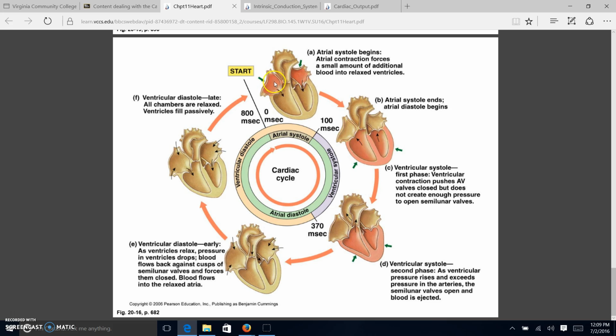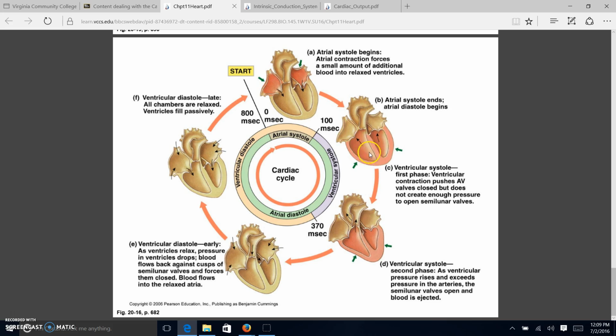Now, once I've squeezed that last 30% into my ventricles, what I need to do is start squeezing, or contracting, my ventricles. When I do that, one of the first things that happens is that squeezing of the blood shuts the valve, because the purpose of the valve is to allow one-way movement of blood but prevent backflow.